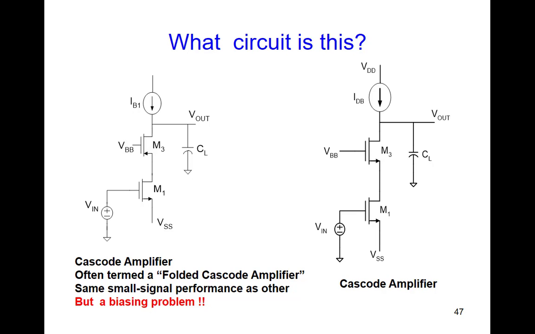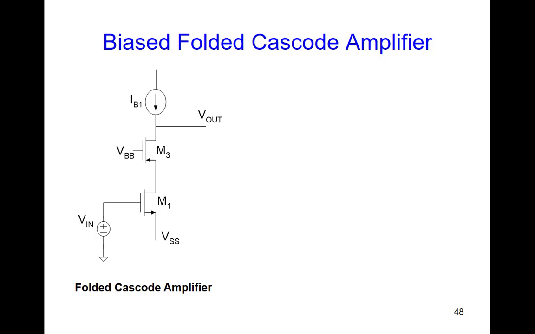So we got a problem here. It doesn't work. That's a big problem. We can't bias it. It looked great from a small signal viewpoint, but this current has to go in this direction, and this current has to go in this direction. Is that a major problem? Yeah. Anytime it doesn't work, it's a major problem.